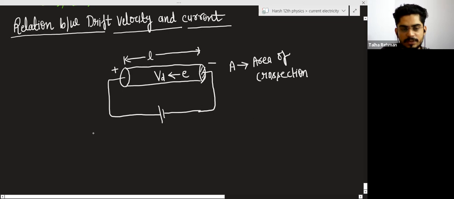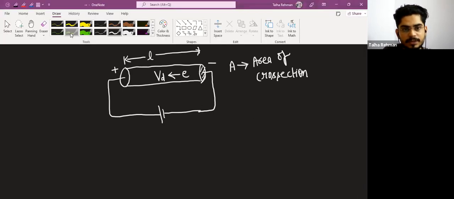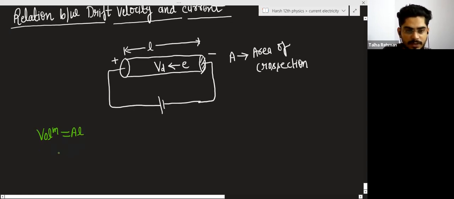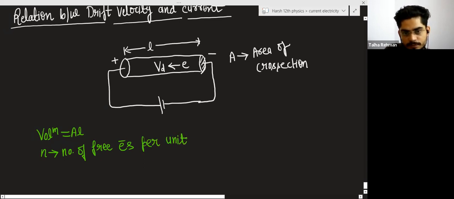So for this conductor, the volume is area into length. And if small n is the number of free electrons per unit volume, it means in 1 meter cube, in unit volume, there are n free electrons.